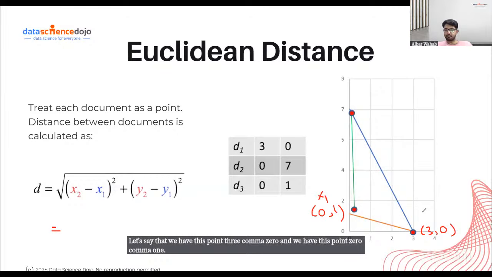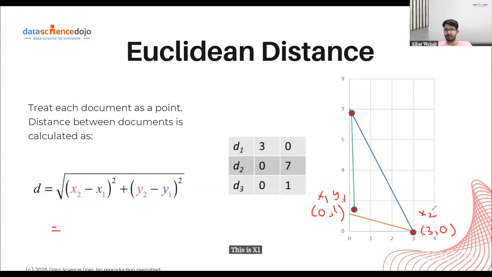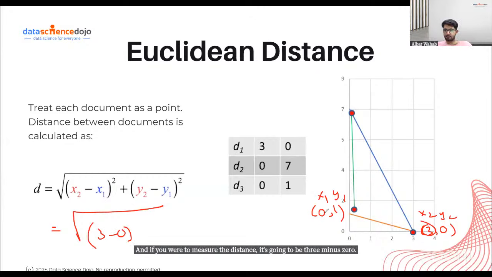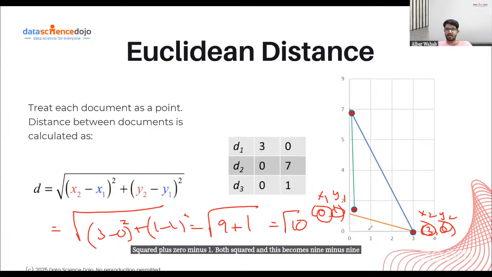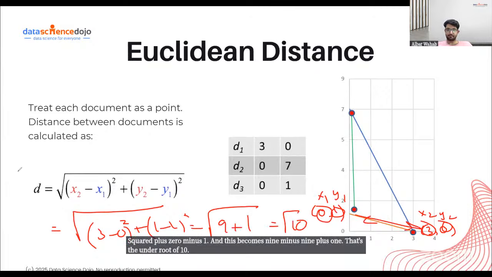This is x1, this is x2, this is y1, this is y2. And if you were to measure the distance, it's going to be 3 minus 0 squared plus 0 minus 1 whole squared. And this becomes 9 plus 1. That's the square root of 10. That's the distance between these.